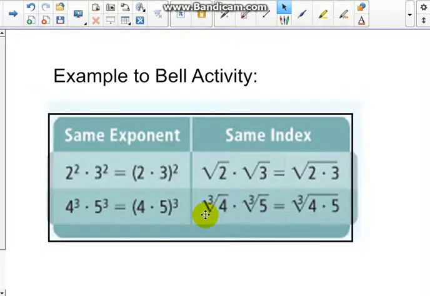And here we have the cubed root of 4 times the cubed root of 5. Because the index is the same, we can just keep the index and multiply the radicands, 4 times 5. So this becomes the cubed root of 4 times 5, or the cubed root of 20.